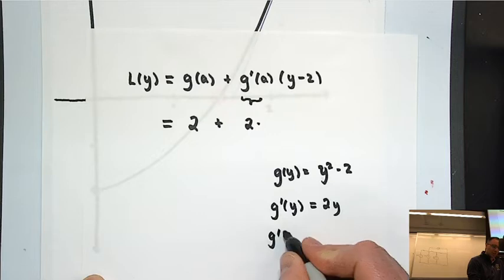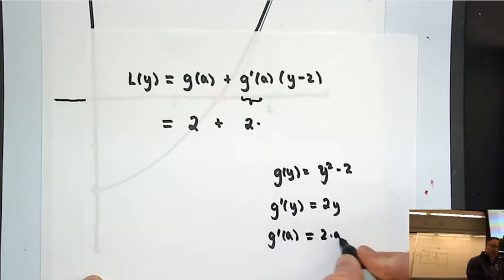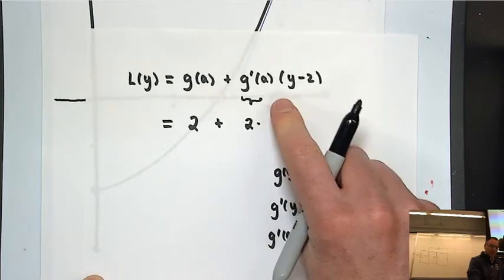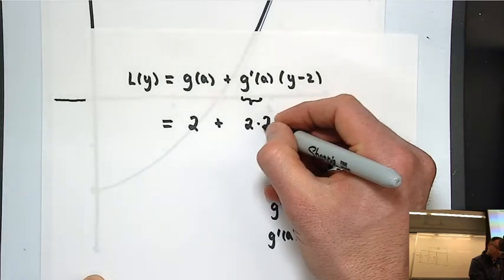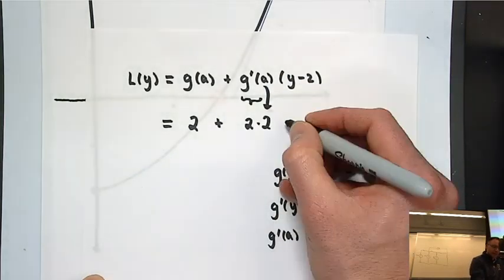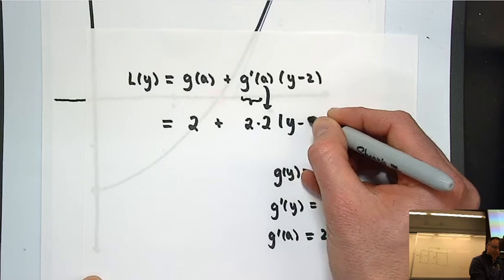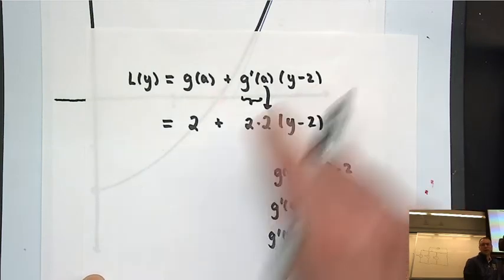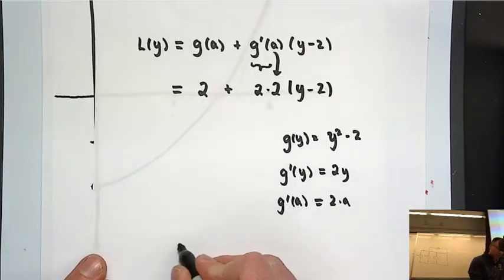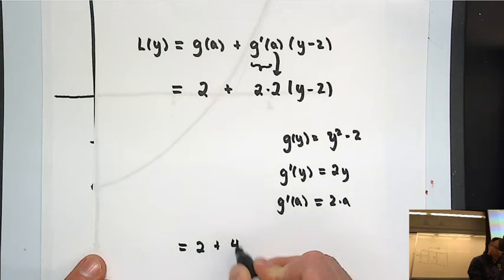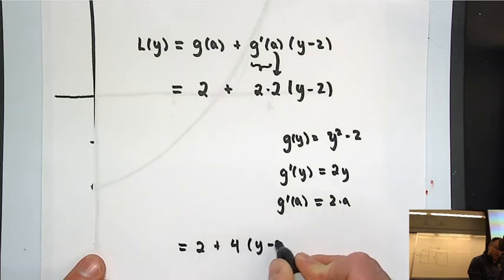So that means g prime of a is 2 times a. But what is a? 2. And then here I've got y minus 2 because that was the 2, right? So now I know that this is 2 plus 4 times y minus 2.